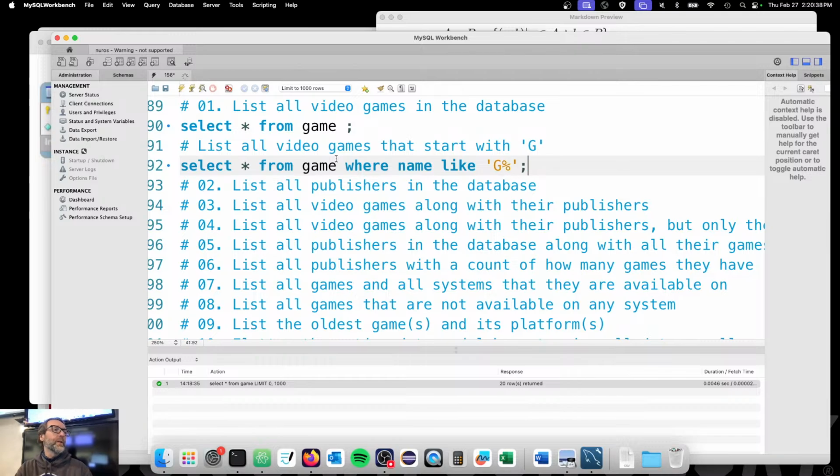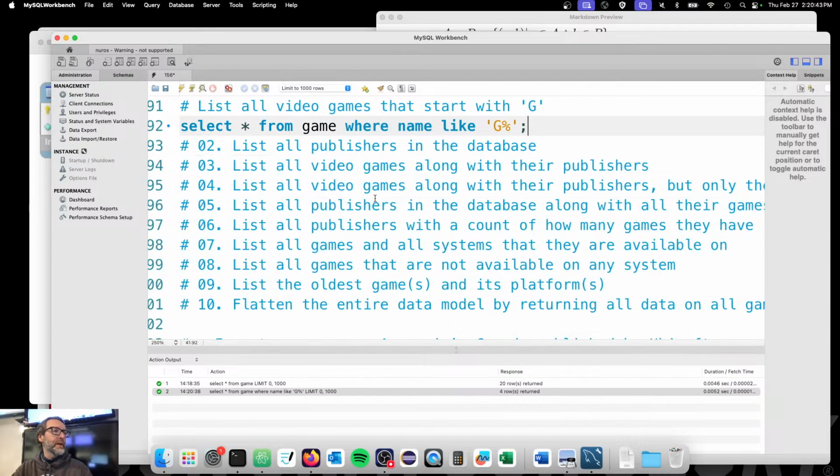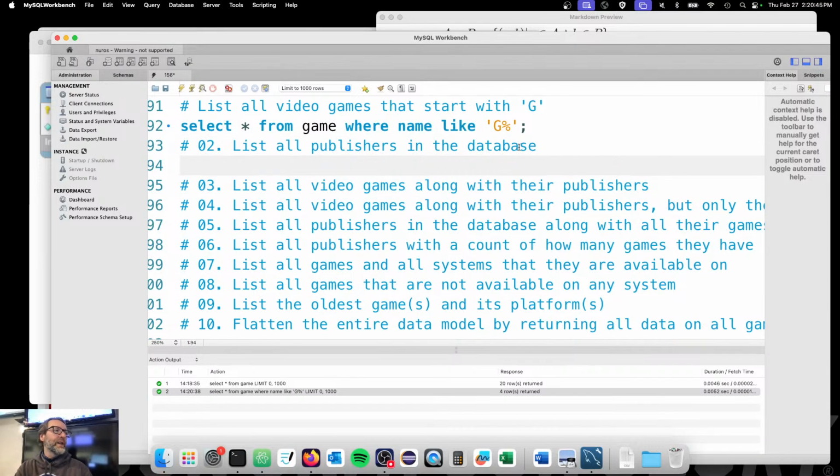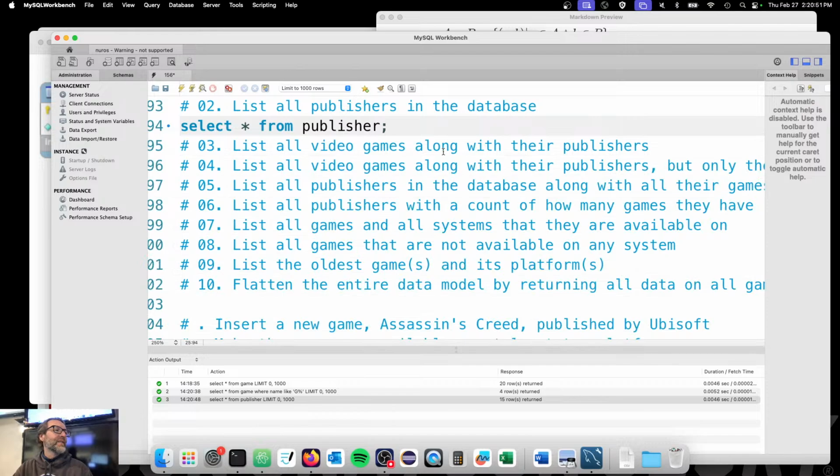Percent sign. There we go. So GTA. That was the example we did last time. List all the publishers in the database. Select star from publisher. I should have updated this. These are all the things we already did.